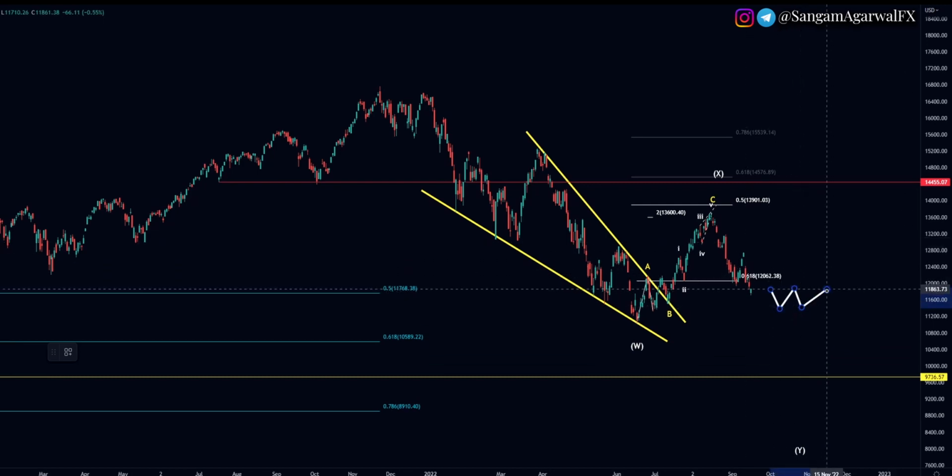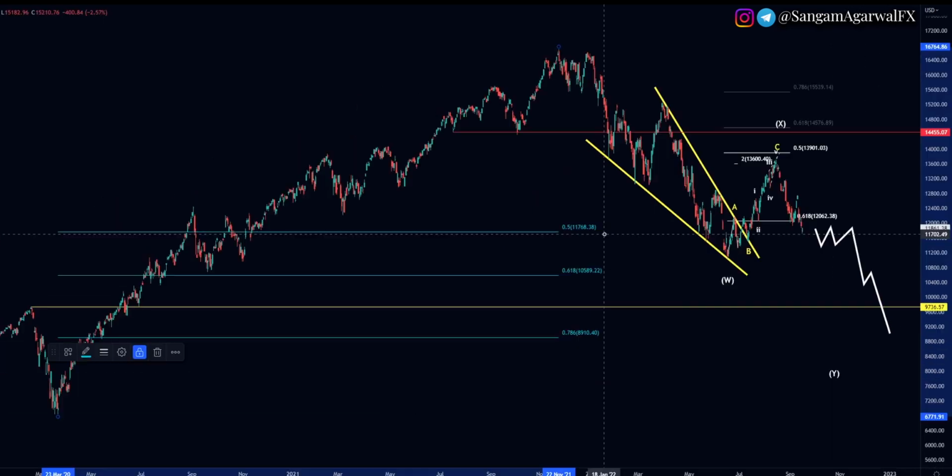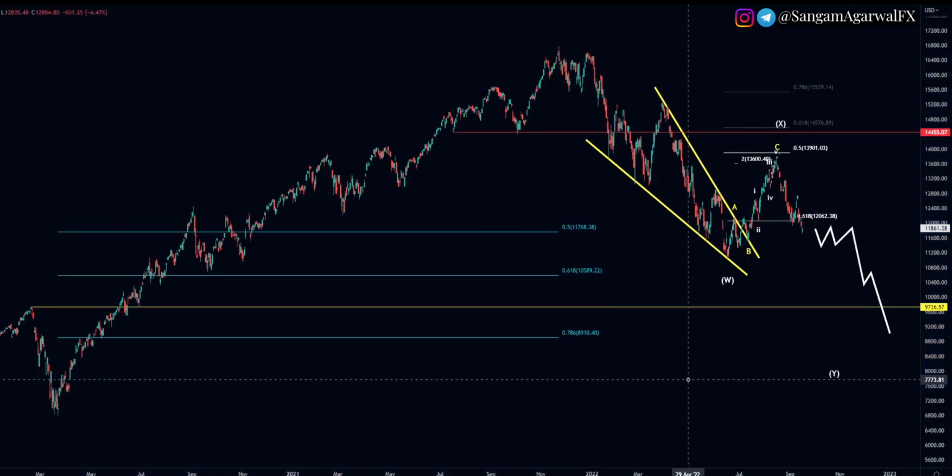So if it breaks to the downside, then same as S&P 500, our first target will be the fib retracement level, because 50% is already tested, and the next target will be the 61% retracement at 10,589. Below that we have this previous all-time high as a strong horizontal support.